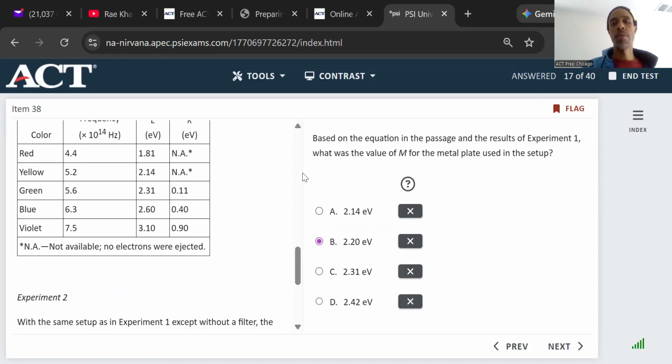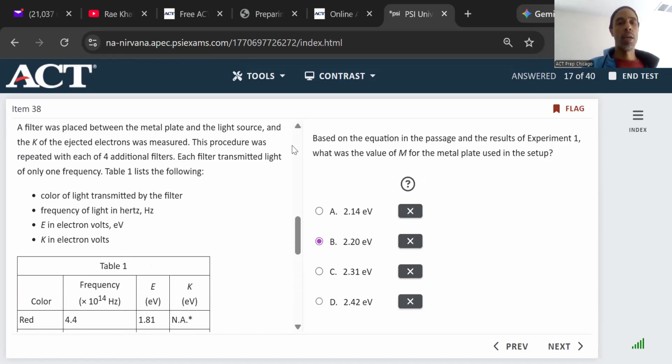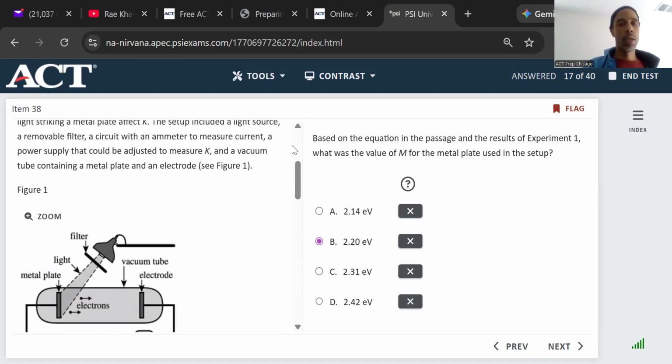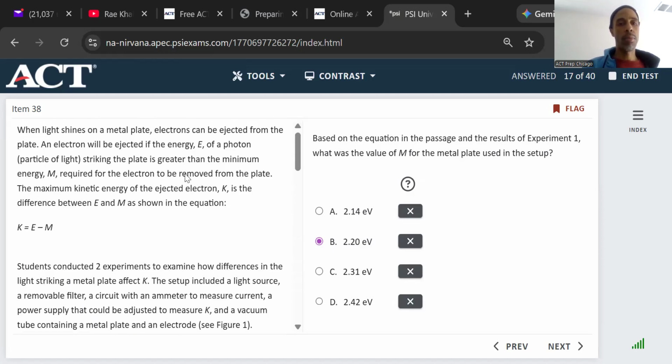Oh, okay. So it's basically asking us what is M. When you subtract them all, you get 2.2, because M is going to be a constant. M is the minimum energy required for an electron to be removed from the plate.